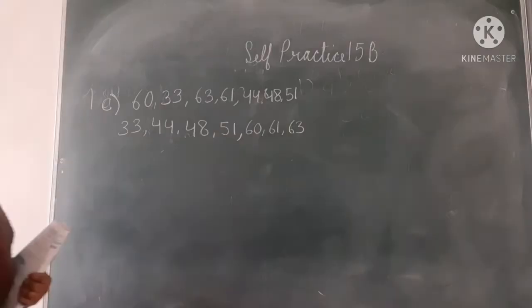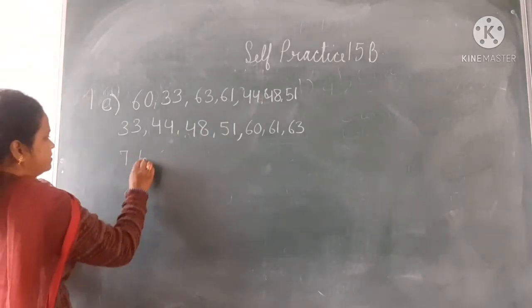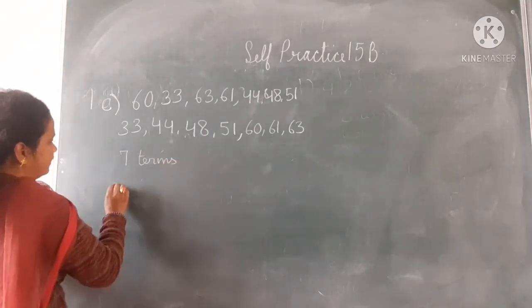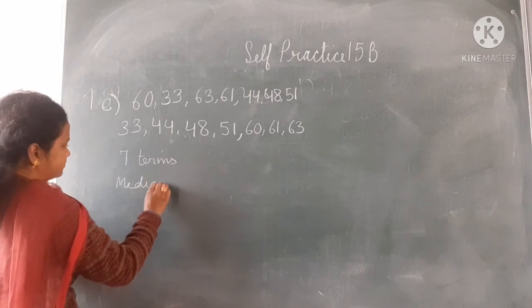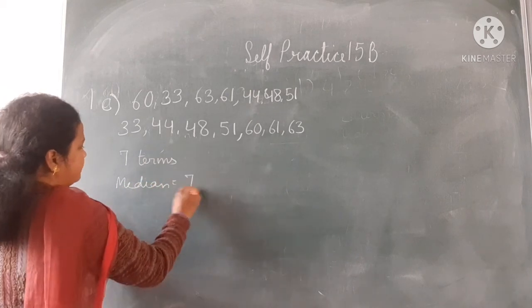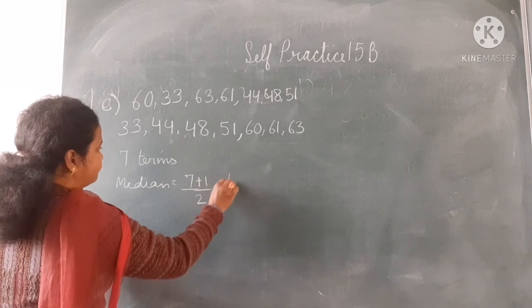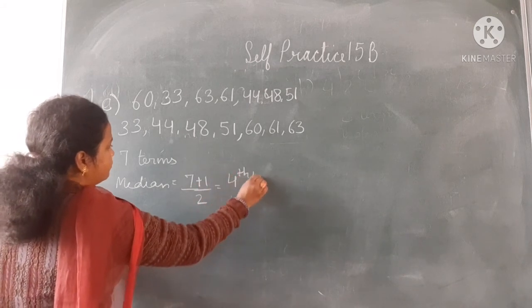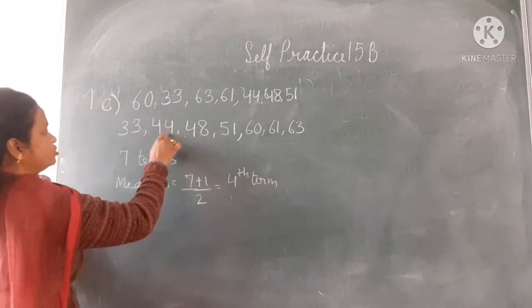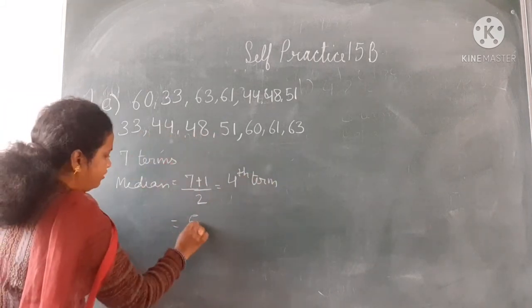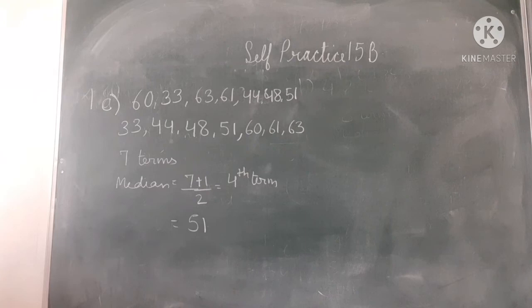There are 7 terms. The median is (7+1)/2, the 4th term, which is 51. So the median here is 51.